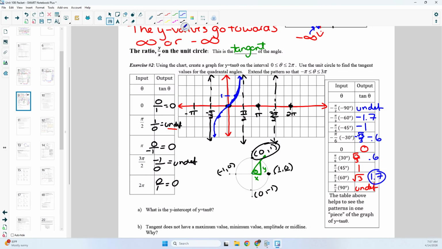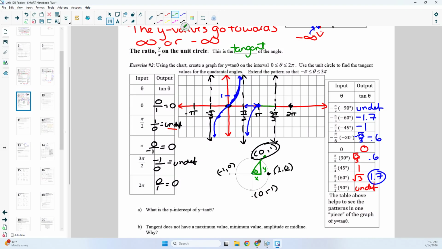And basically, if we come over here, the same thing's going to happen. Now, this is something we're going to see we can use the calculator for, but what I like to think of is what quadrant I'm in. So between pi over 2 and pi, if I was on the unit circle, I'd be in quadrant 2, so tangent is negative there.